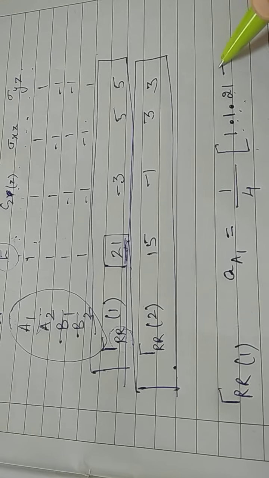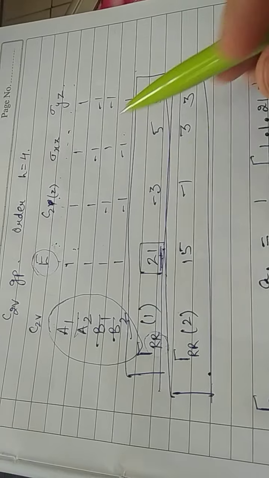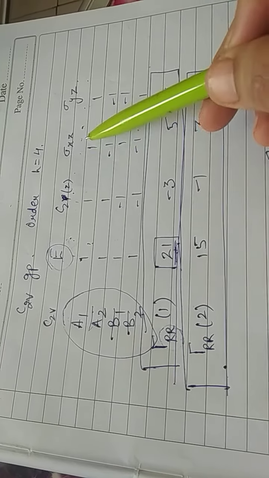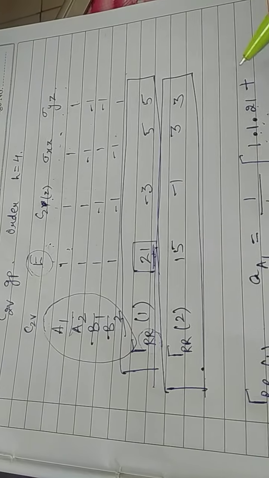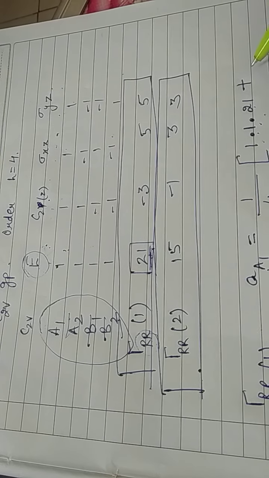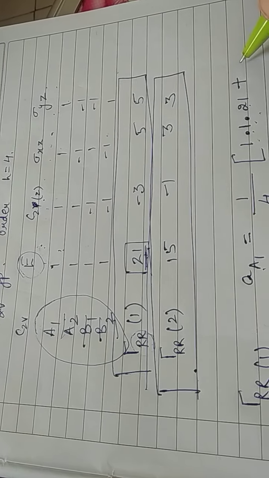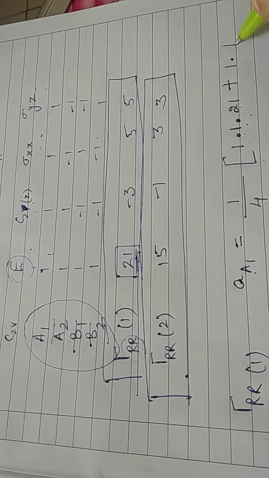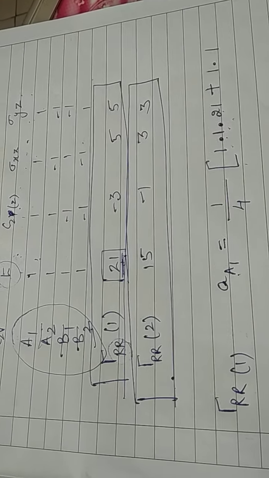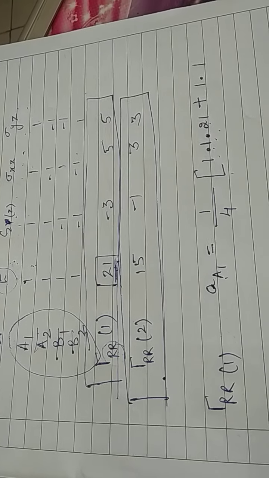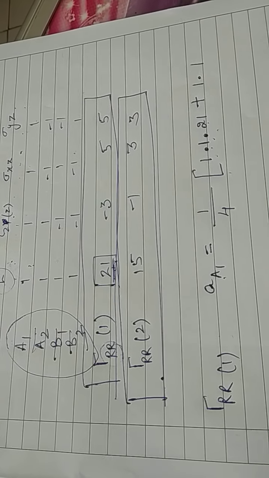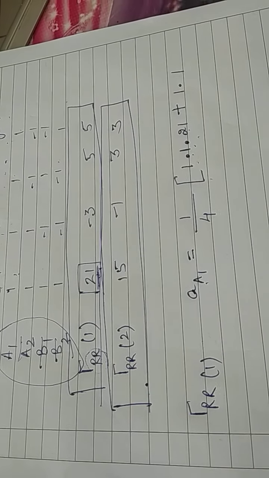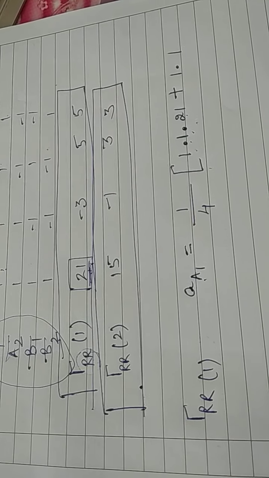Then you do the same thing for A1 under everything: E, C2, sigma xz and sigma yz. So we do it for all 4 symmetry operations. The second one is C2, which is 1, so 1 into 1, multiplied by minus 3.